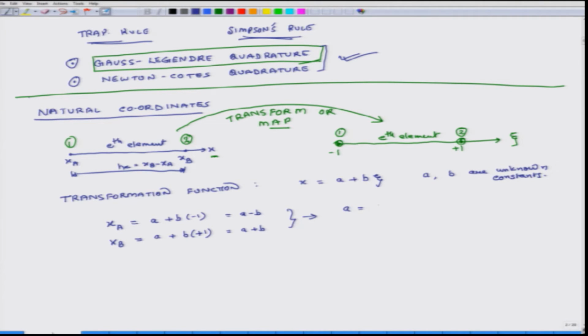So, a is equal to xa plus xb by 2, and this is equal to xa plus xb minus xa by 2, I can write it like this, and this is equal to xa plus he by 2.